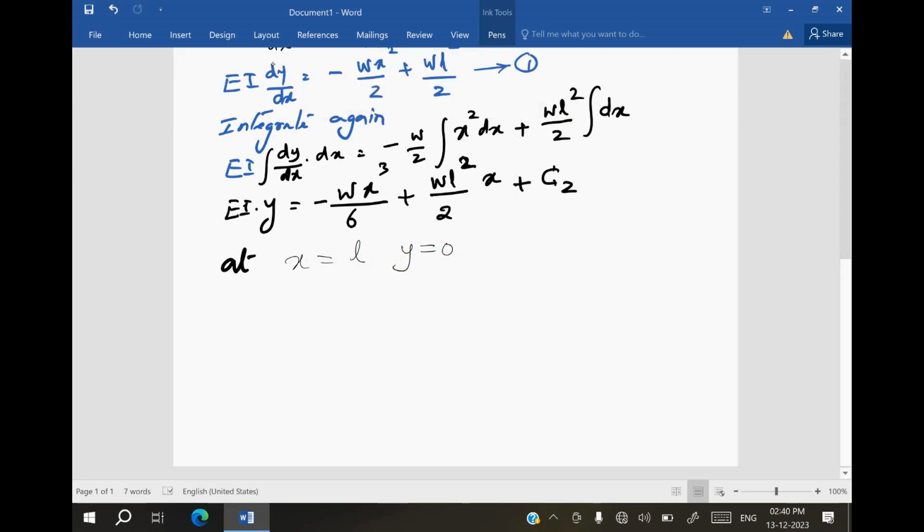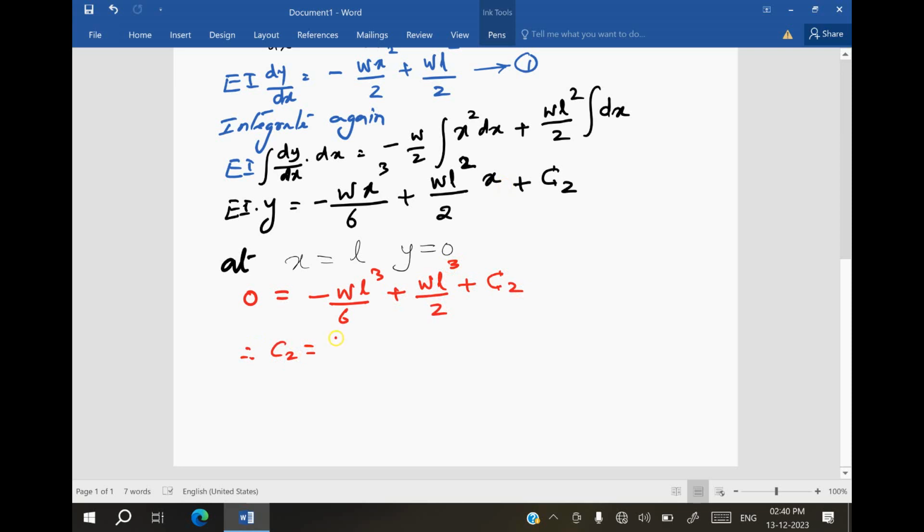So now I will say 0 is equal to minus wL cube by 6 plus wL square, and instead of x I am putting L, so it will become wL cube by 2 plus C2.